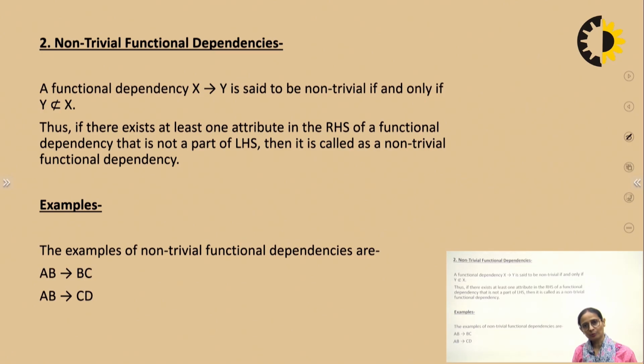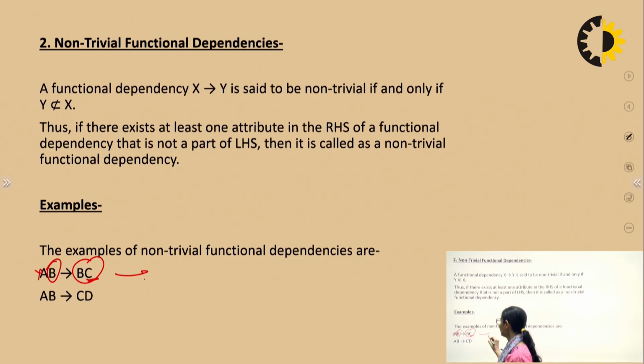Non-trivial is just the opposite of the trivial, that is, a functional dependency where X implies Y is said to be non-trivial if and only if Y is not a subset of X. Thus, if there exists at least one attribute in the right hand side that is not part of the left hand side, then it is non-trivial. Here, B is a part of the left hand side, but C is not a part of the left hand side.